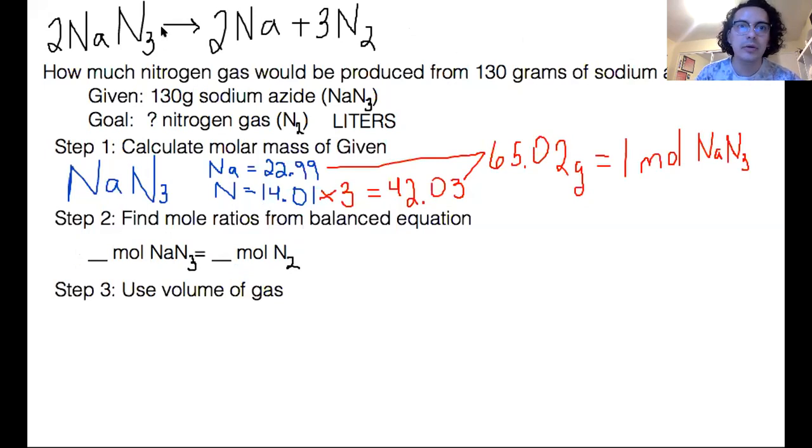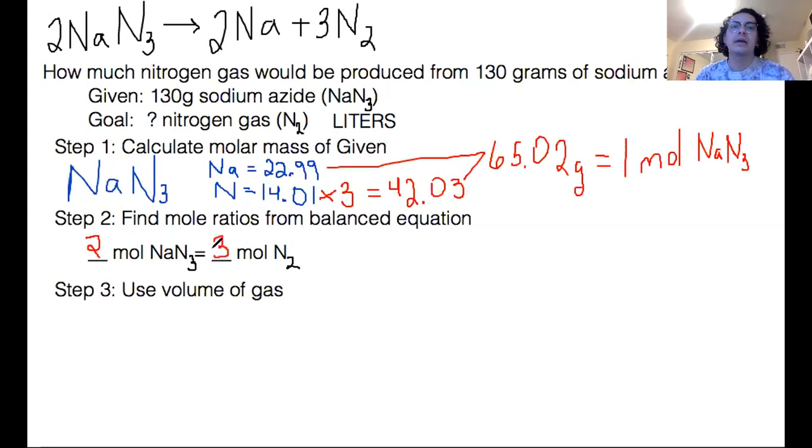Our balanced chemical equation says that for every 2 molecules of sodium azide, we're going to produce 3 molecules of N2. So this 2 comes here. So 2 moles of NaN3 produces 3 moles of N2.